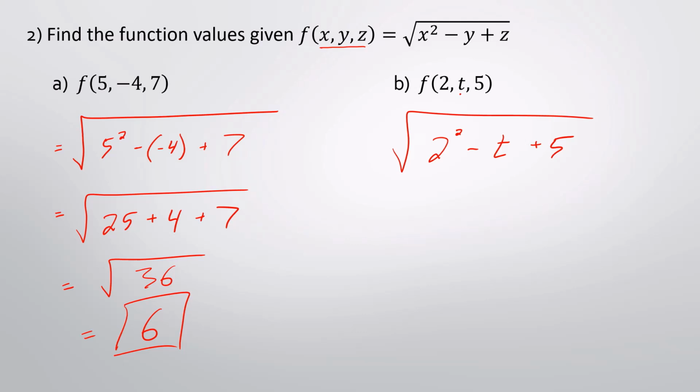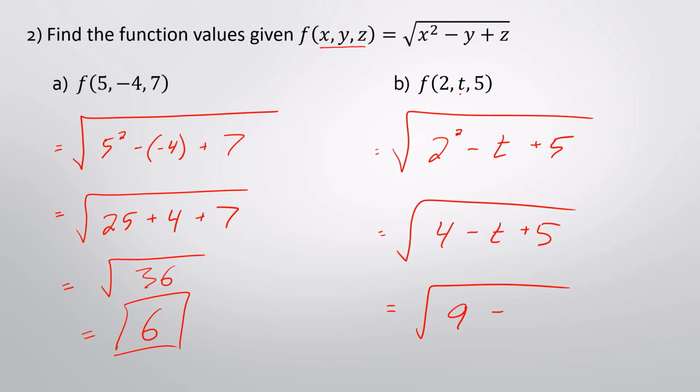Looks like I can do 4 plus 5 eventually and get 9, and the t was just along for the ride. So the square root of 9 minus t is as good as that one can be written.